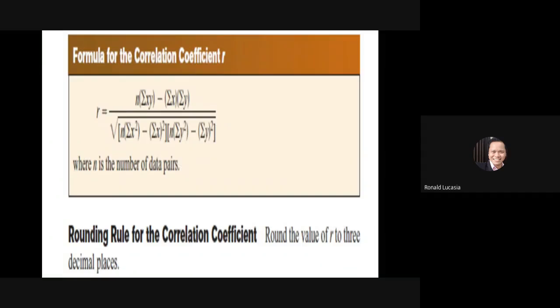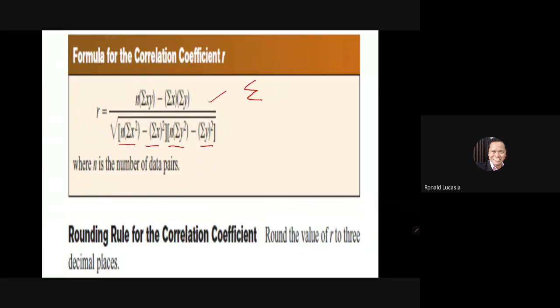That is read as the summation of xy multiplied by n, minus the summation of x multiplied by the summation of y, all over the square root of the summation of x squared times n minus the quantity summation of x squared, multiplied by n times the summation of y squared minus the quantity summation of y squared.